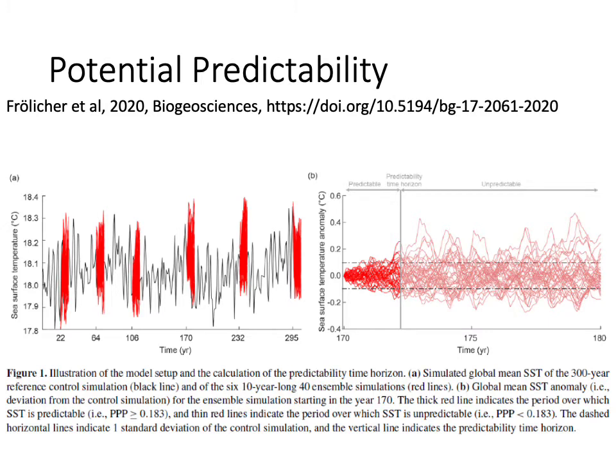So building on this success, that ocean biogeochemical signals might be predictable on seasonal to interannual timescales, Frölicher recently did a study of looking at how much predictability there is within a perfect model framework.